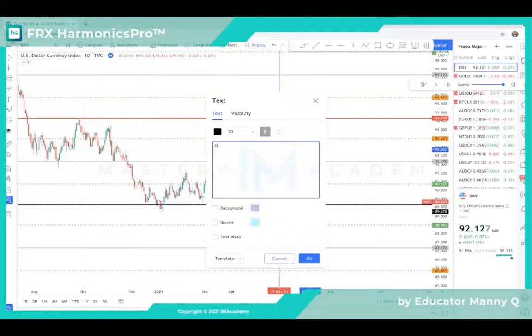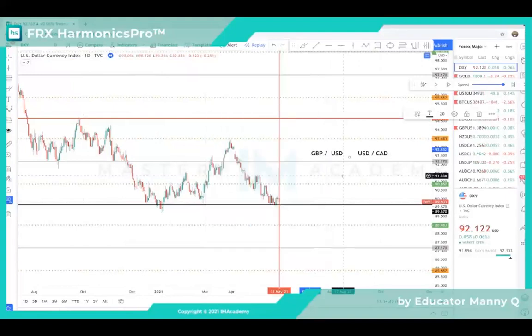So if we do GBP USD and then we do USD CAD, all right, let's take a look at this. Okay, and then we take a look. So here go the two pairs. Let's mark this up.